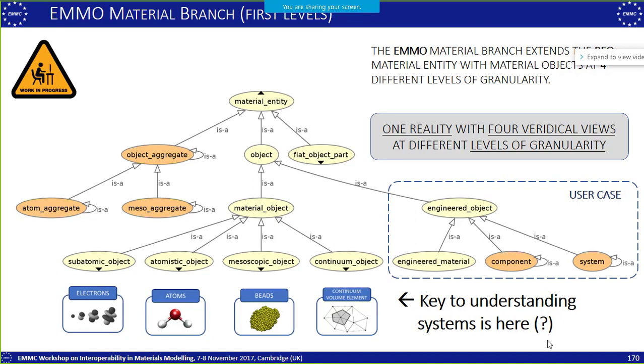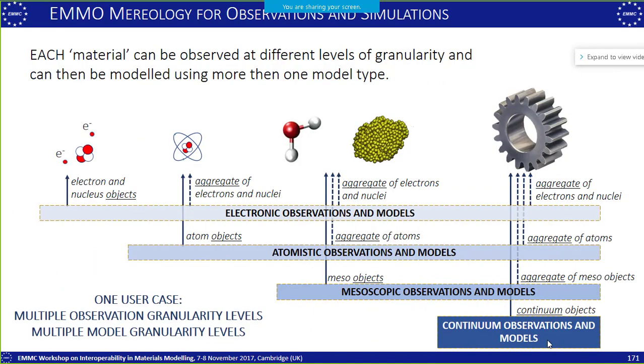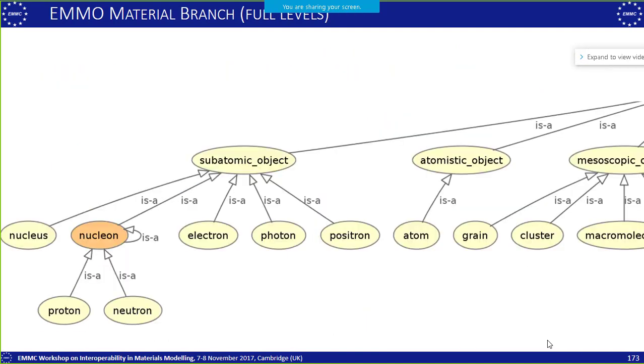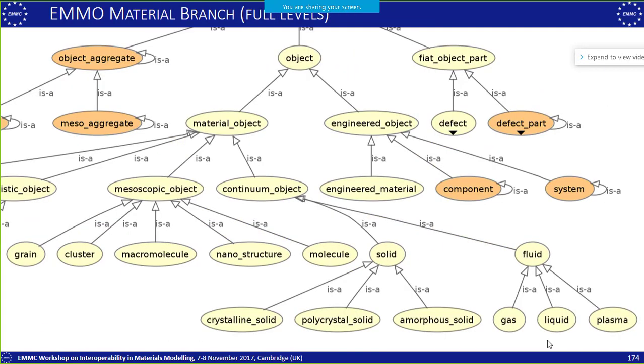So this is how they begin to deal with liquids. They distinguish two kinds of continuum object. On the one hand, there are solid continuum objects, which include crystals, polycrystals, amorphous solids. And then there are fluid continuum objects, which are portions of gas, portions of liquid, portions of plasma.